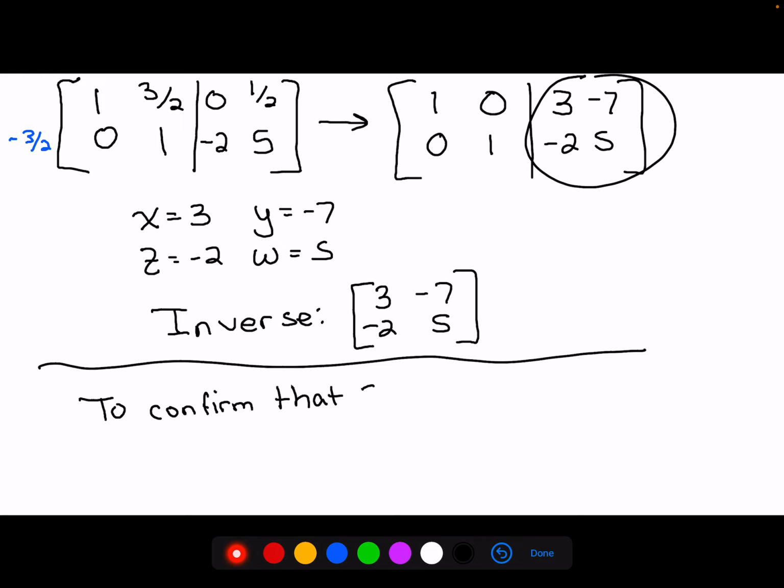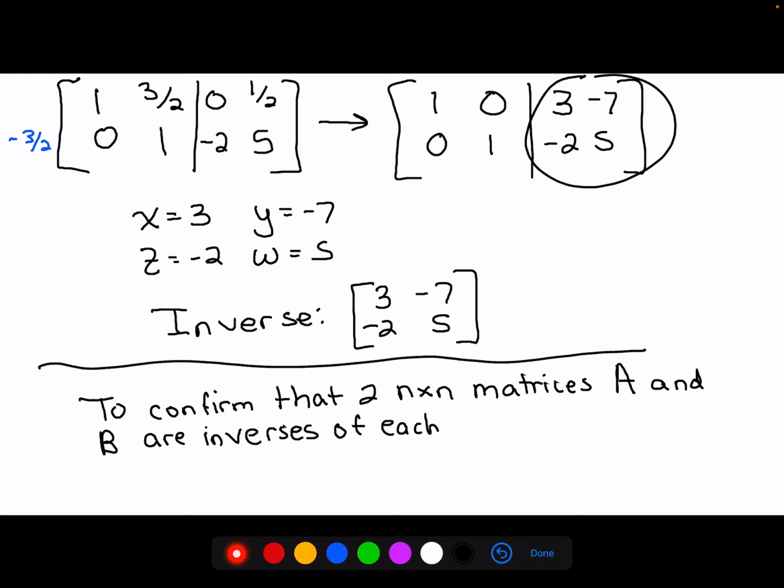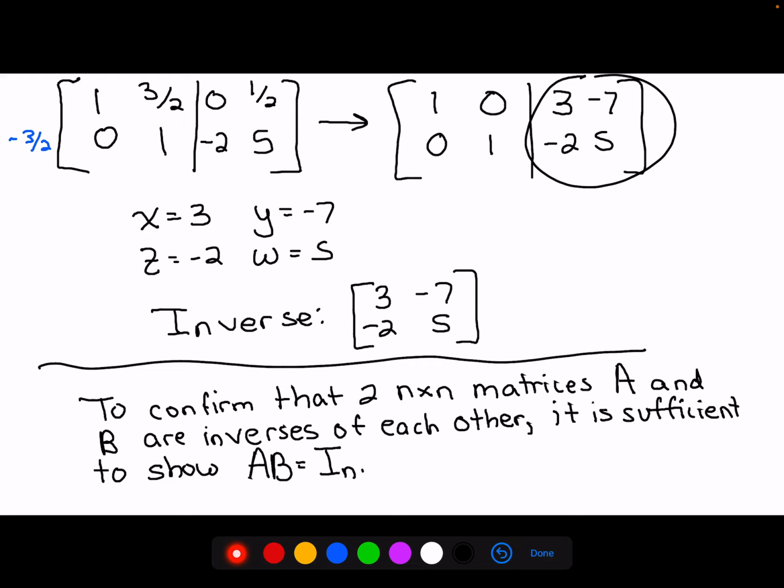That two n by n matrices A and B are inverses of each other, it is sufficient to show A times B equals the identity matrix.